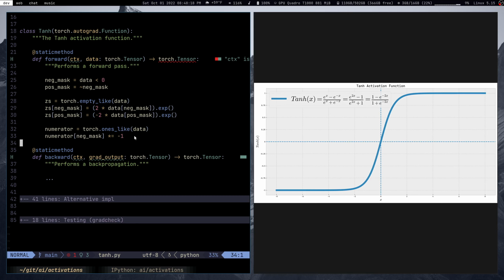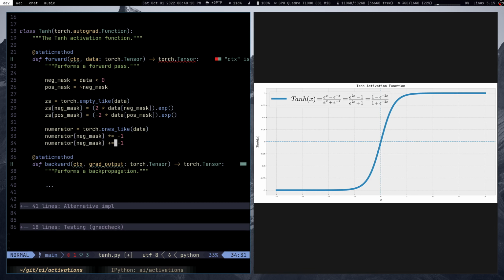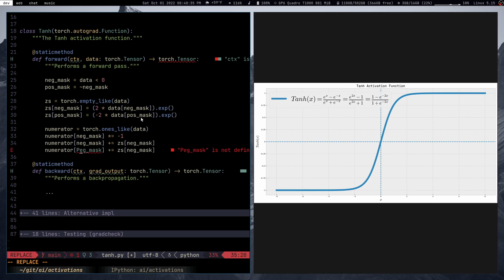And then we can add z at the negative mask. Right, so we're adding e to the power of 2x. So minus 1 plus e to the power of 2x, which is pretty much the same as e to the power of 2x minus 1, okay? And for the positive mask, we're going to subtract z at the positive mask from the one, because that's 1 minus e to the power of minus 2x. We don't need to multiply by minus 1 because it's positive 1 there.